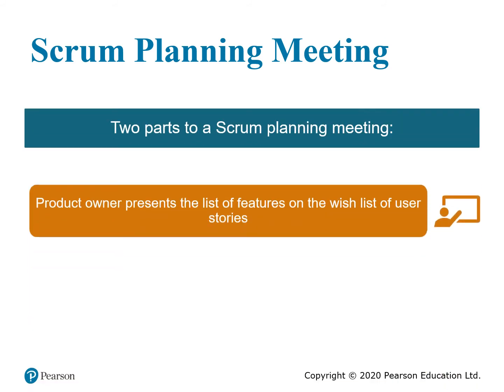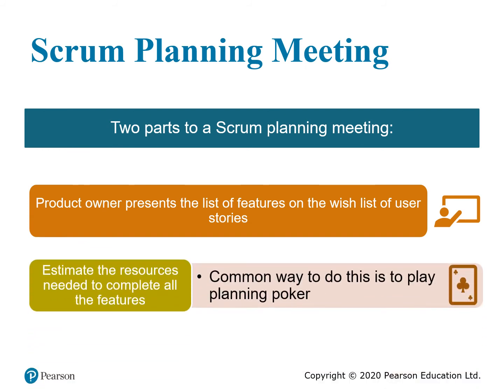First, the product owner presents the list of the features or the specification, on which the list of user stories, meaning that from the user stories, the product owner will present the features and the specification through what we call the product backlog.